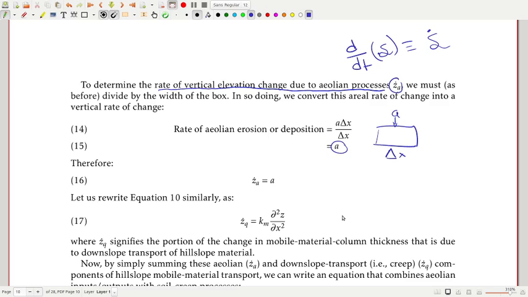So after this, we're going to say that there's something called z dot a. And this means that, as we set up there, this is the rate of elevation change from Aeolian deposition.